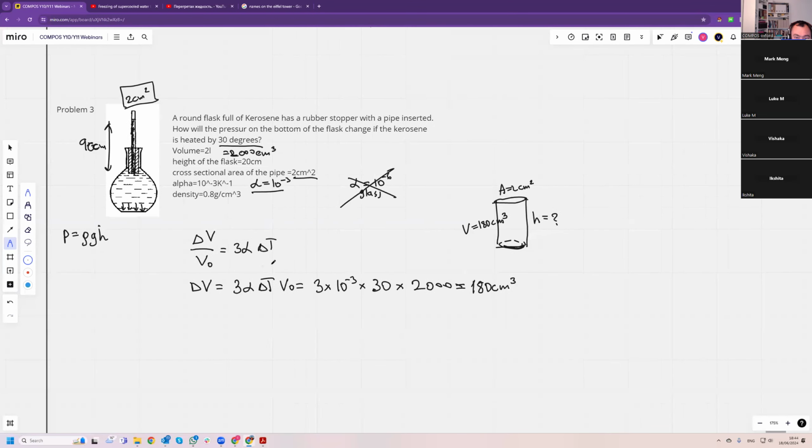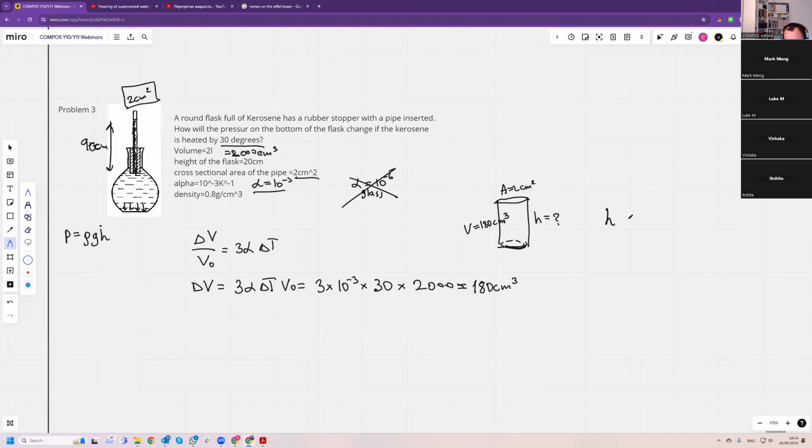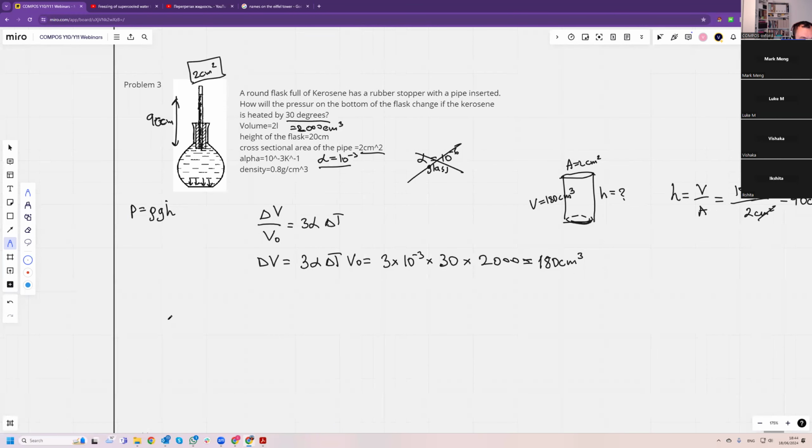All right, so that means the additional height is the volume divided by area, which is 180 centimeters cubed, divided by 2 centimeters squared. We cancel and we get 90 centimeters. All right, 90 centimeters. So the additional pressure is the density multiplied by g multiplied by h.